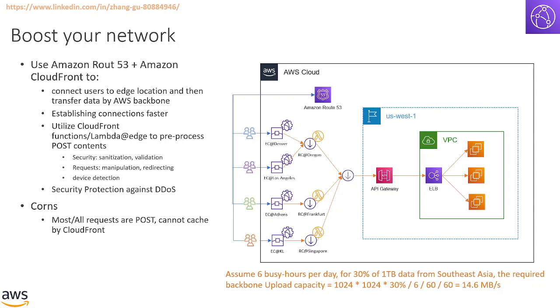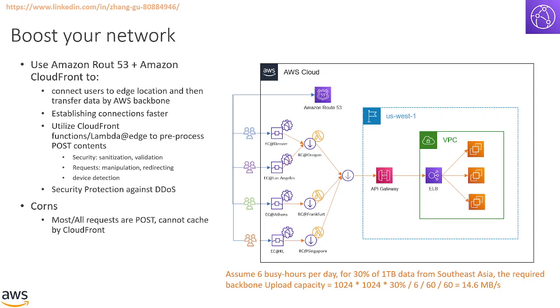Even for dynamic queries that cannot be cached, it is still very useful because it allows the requests to be routed to the nearest edge PoP and transfer data by Amazon's backbone network instead of by the public internet.